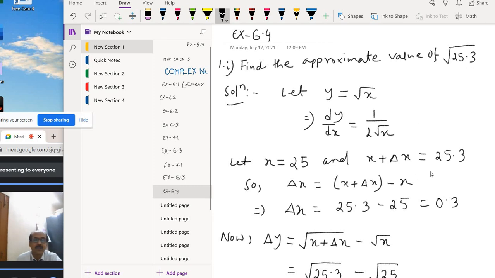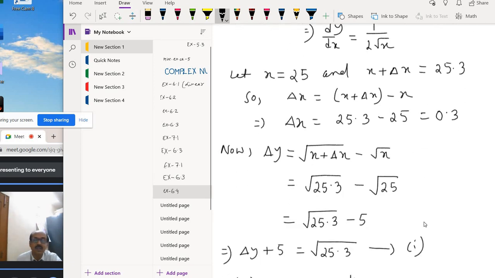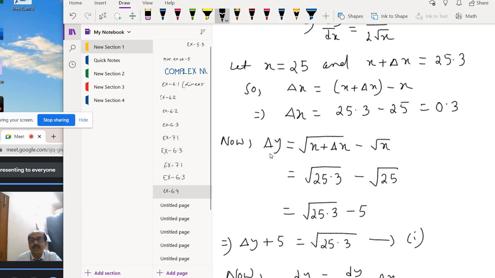So delta x equal to 25.3 minus 25, that is 0.3.